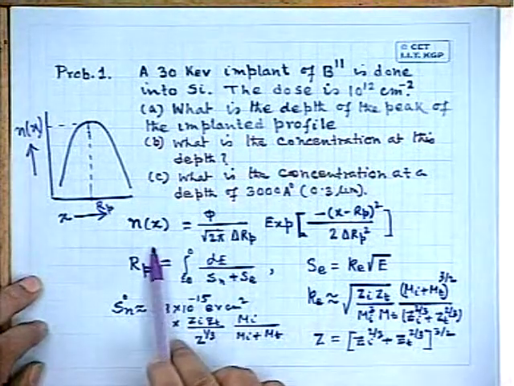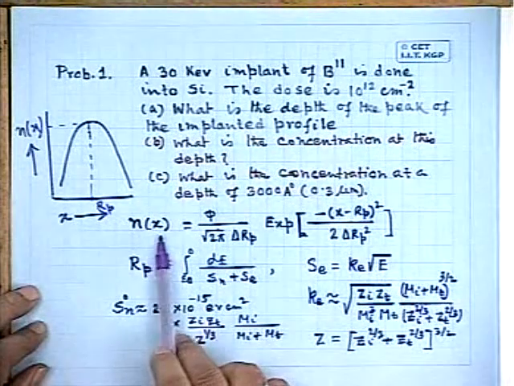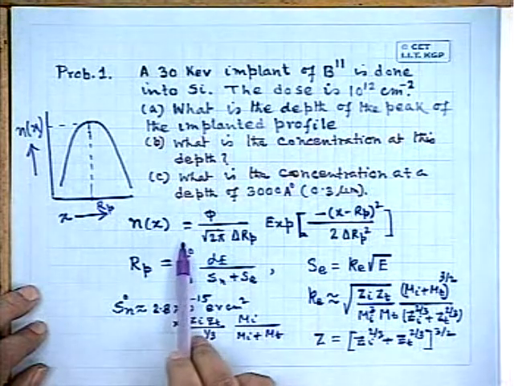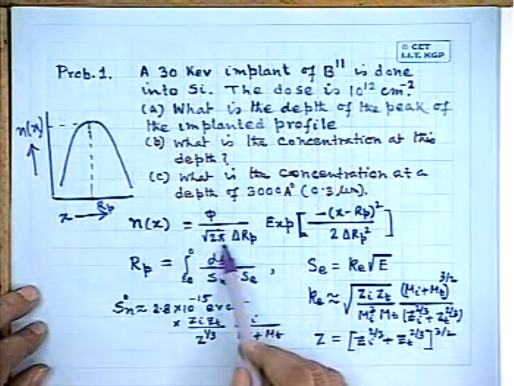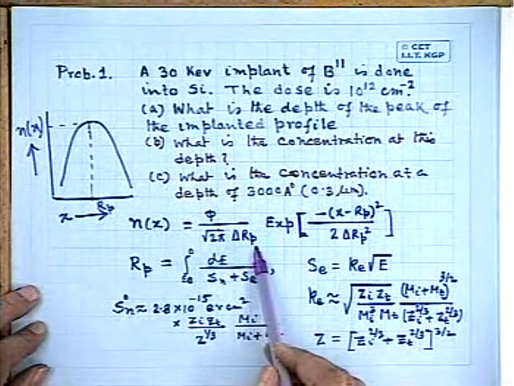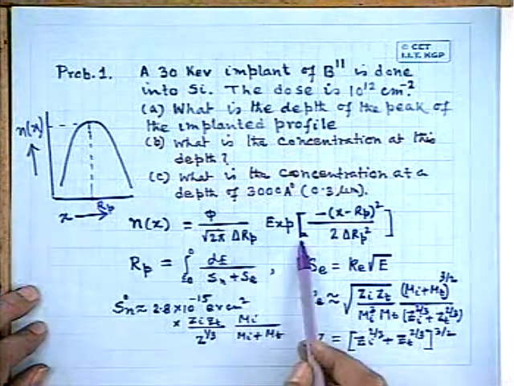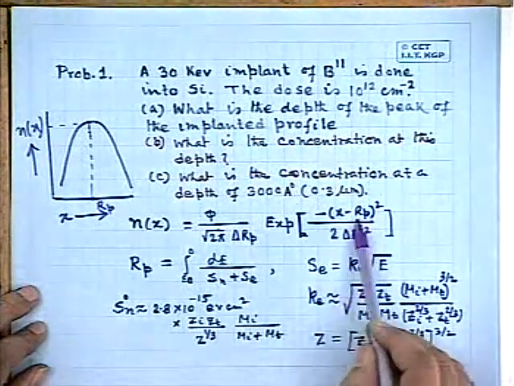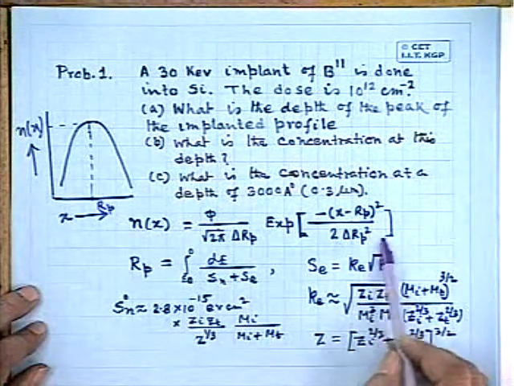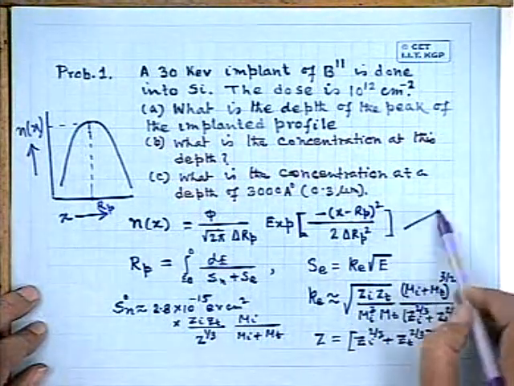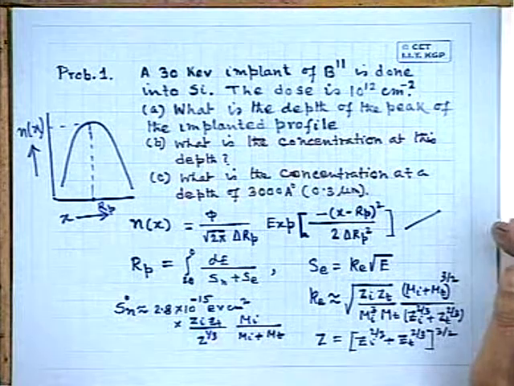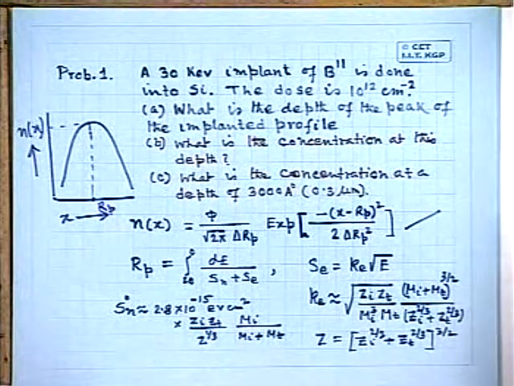The profile here is given by n(x) equals phi divided by square root of 2 pi delta Rp, times exponential of minus (x minus Rp) squared over 2 delta Rp squared. That has been shown in the discussion on the theory of implantation. That relation I already told you, isn't it?